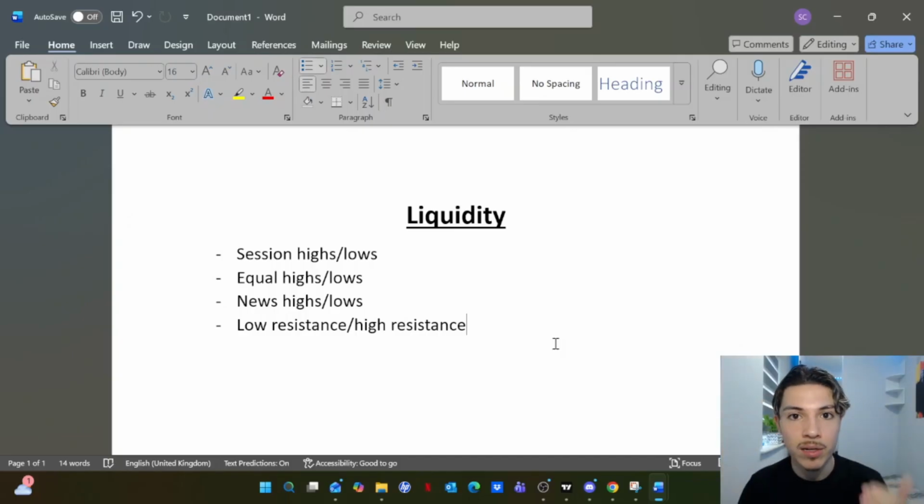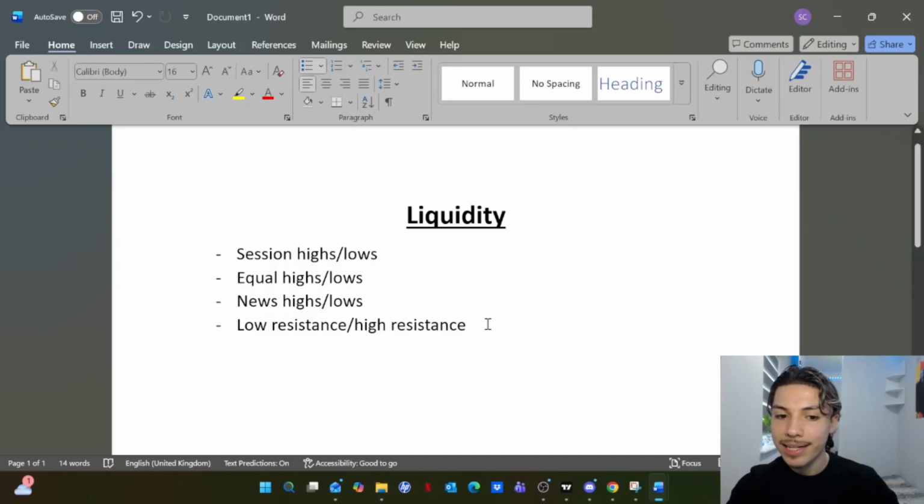If price comes down, let's say, and we sweep out that data low, we take out that wick, we can then potentially start to look for buys or look for a reversal from that area. As now, price has done what it's needed to do, which is gather those resting orders, gather those pools of money, and then ultimately give us a continuation in the opposite direction. That is how we can use this.